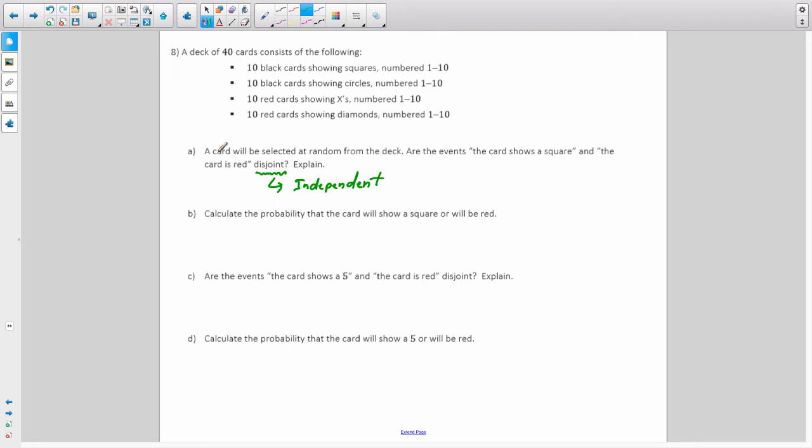So is there such a thing as a square red? So you look up here, you got squares, they're black. No more squares. You got some red cards here. None of them are squares. So the answer is no. No dupes. No, I shouldn't say that.